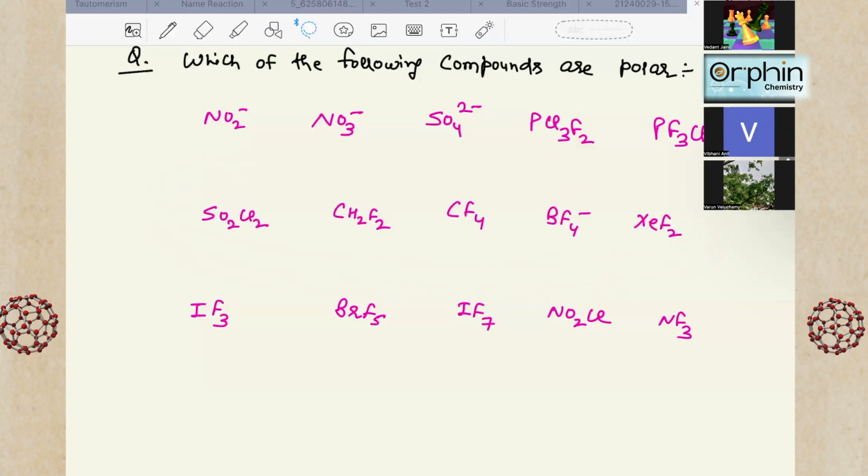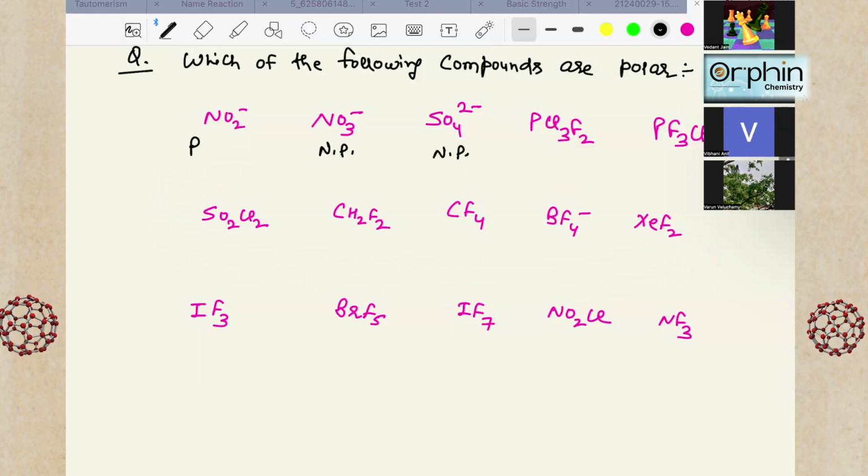Varun? First one is polar, I'm writing P. Second one is non-polar. Third, non-polar. Fourth, non-polar. Fifth one is polar. Sixth one, polar. Seventh, polar.